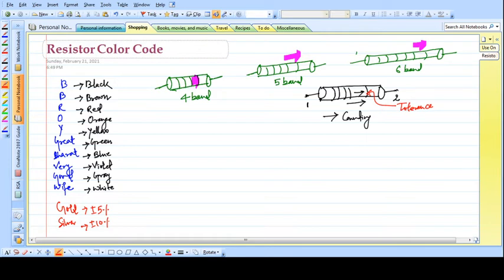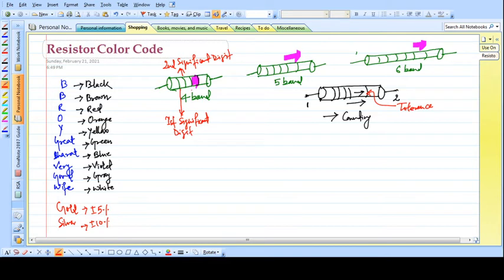For a 5 band, how do we now think about what it actually shows? This one gives the first significant digit. Now the second one is called your second significant digit.